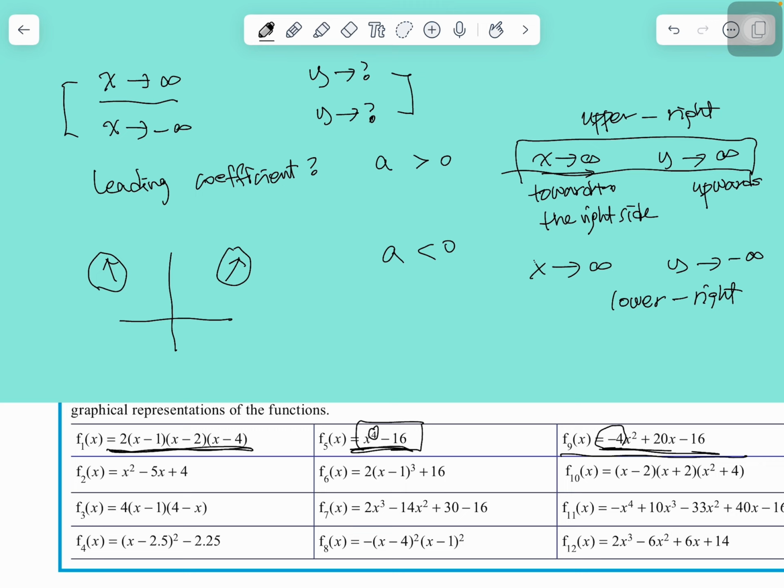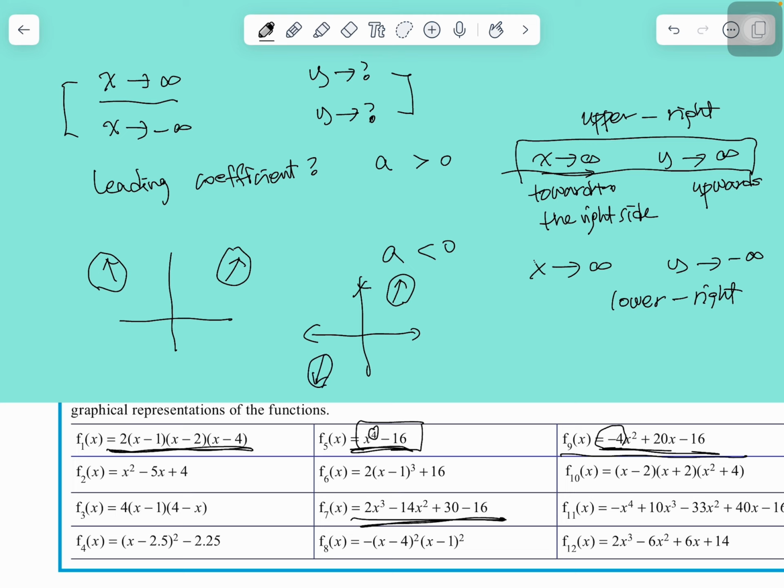For this one, the leading coefficient is positive, but because the degree is 3, the behavior is the opposite, so the other side goes like this.